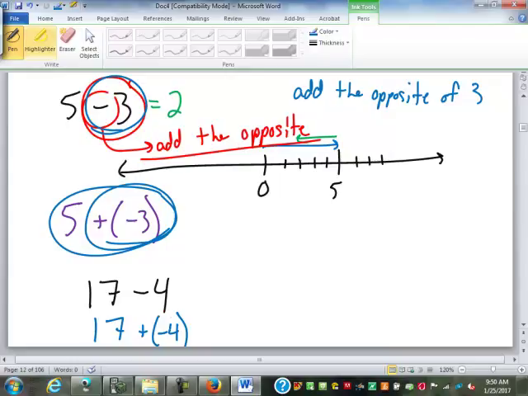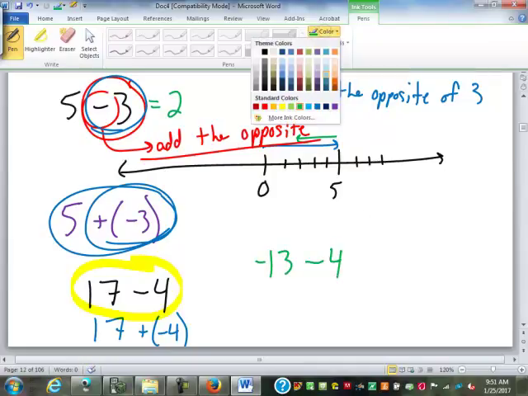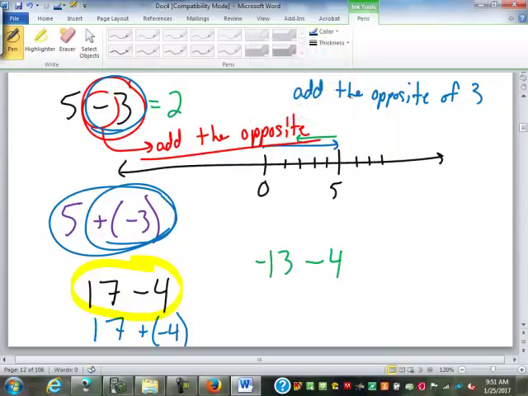Now in reality, for a problem like this where it's two positive numbers, it's easier for us to subtract because we've been doing subtraction for most of our lives. But if we throw in where one of those numbers isn't positive, like negative 13 minus 4, now it's a little more difficult.